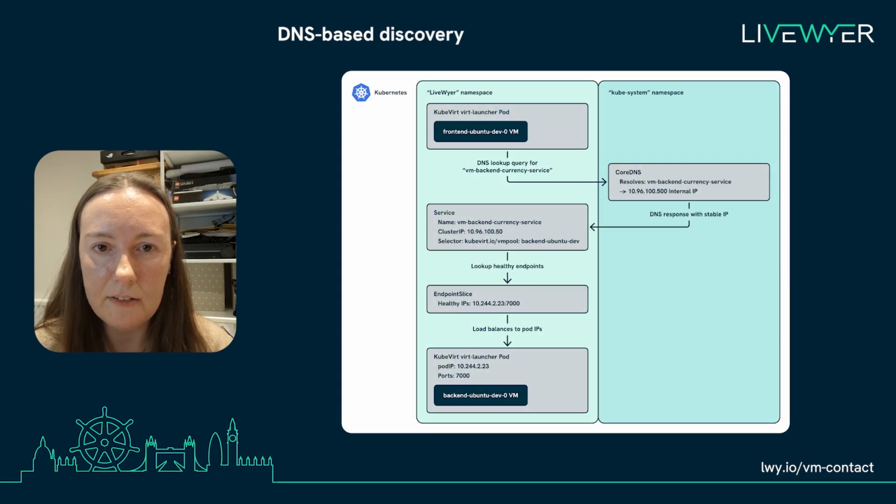Once this service exists, any workload in the cluster can reach our currency service using the DNS name. Under the hood, the request flows through core DNS for name resolution, then to the service object, which consults the endpoint to find healthy backend IP addresses, and finally reaches the virt-launcher pod hosting our VM.